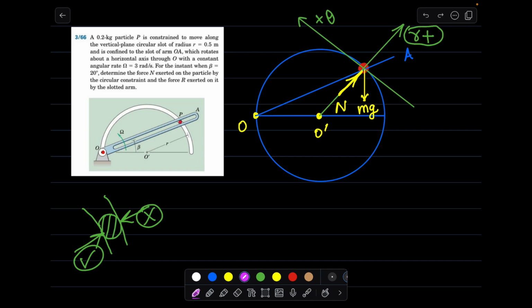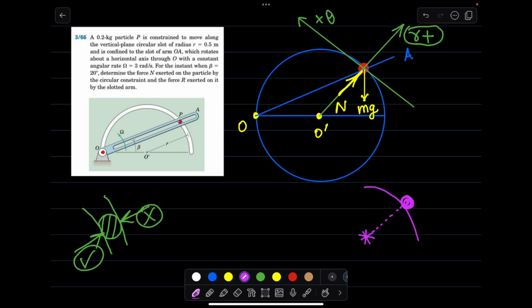Now the question is why N is collinear with this R. As per the rule I mentioned in the class many times, if I have to find the normal force of a particle P on any curved path, first of all I will find where the center of curvature is.